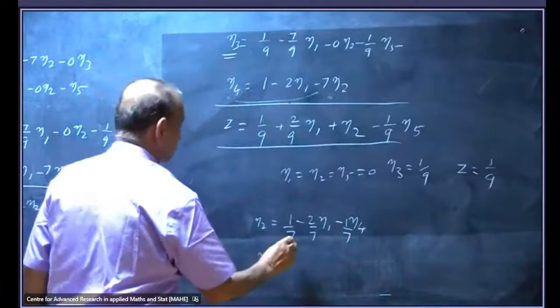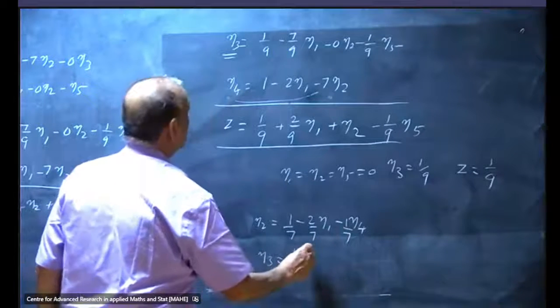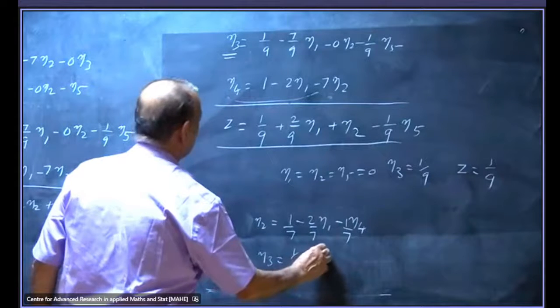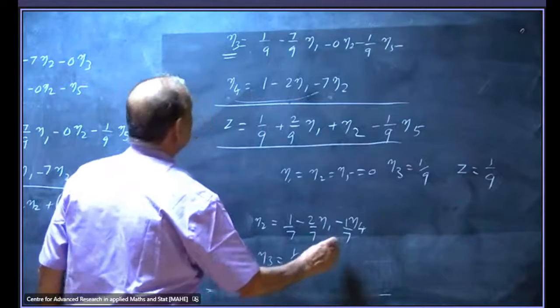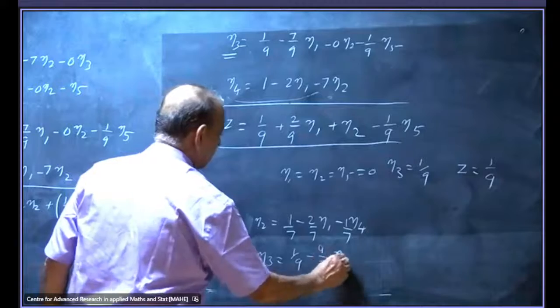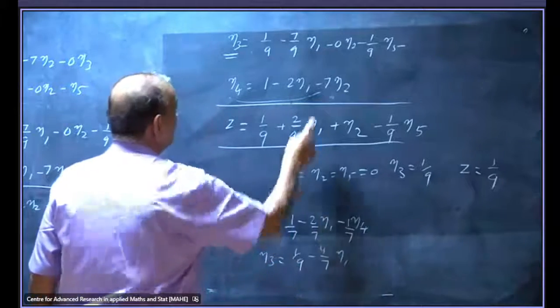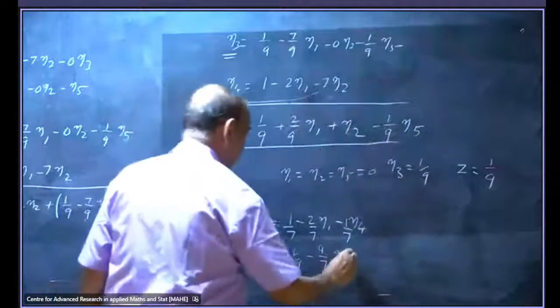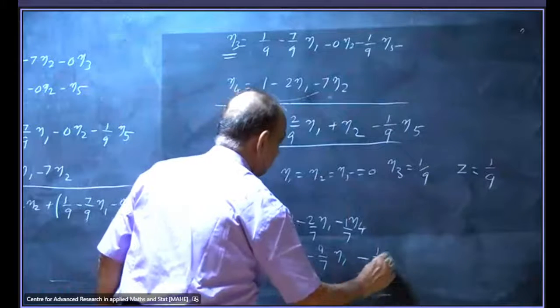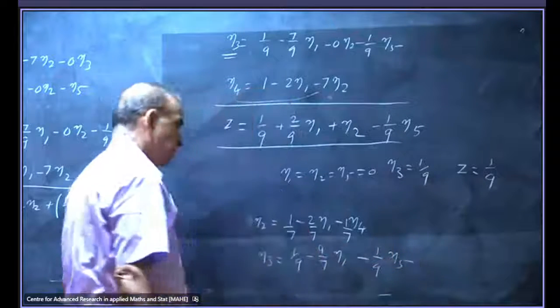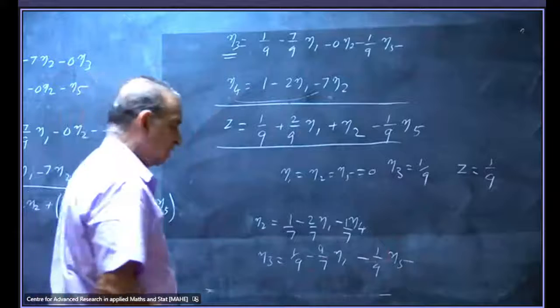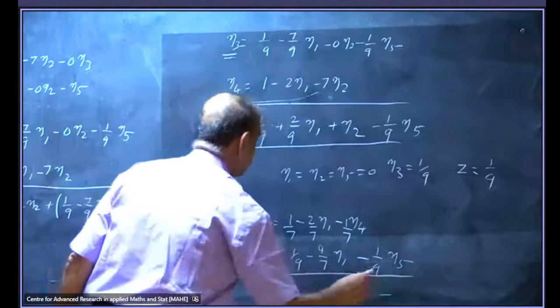Eta 3 equals 1 over 9 minus 9 over 7 eta 1. Luckily, eta 2 has no position here, minus 1 over 9 eta 5. Okay? But Z will have the effect.